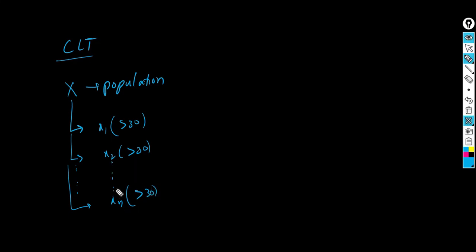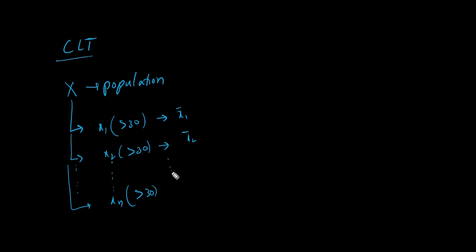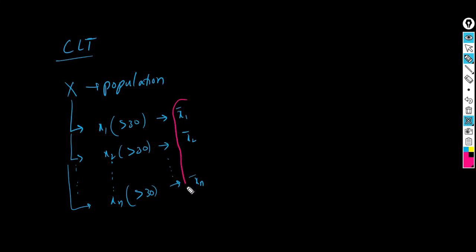Every sample contains greater than 30 points, and for every sample set we will take the mean. We can represent it as X1 bar, and for the X2 sample we will take the mean, represented as X2 bar. Similarly for all of them, and for Xn we will get Xn bar. Now these means are in a Gaussian distribution.